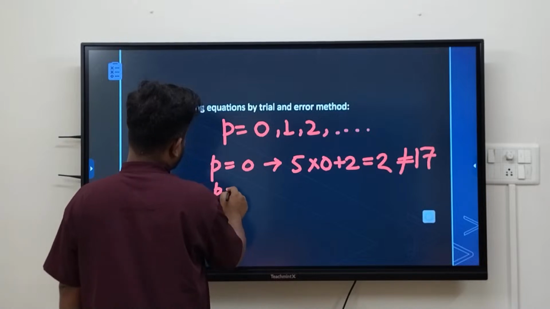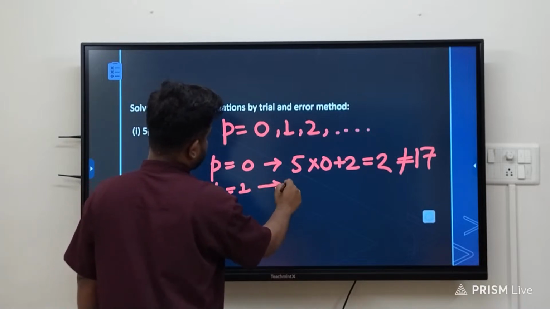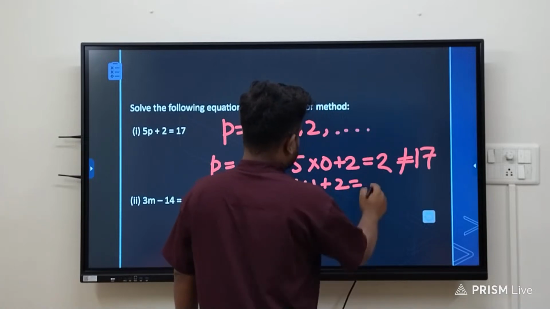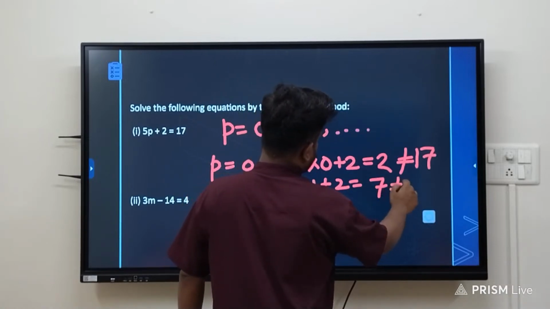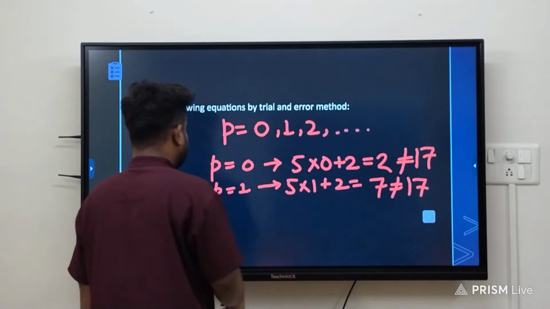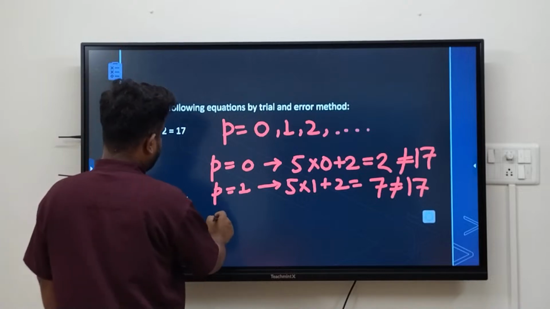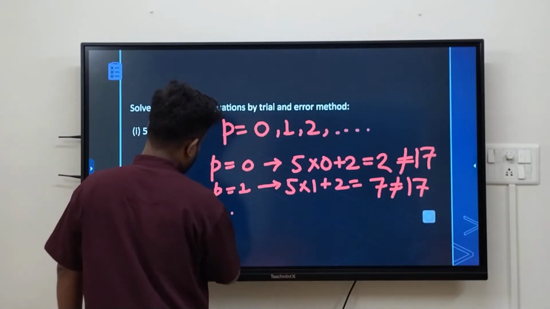If I put p equals 1, then the answer will be 5 into 1 plus 2 equals 7, which is not equal to 17. So let's try with different values, like try it with 3. I am skipping 2.